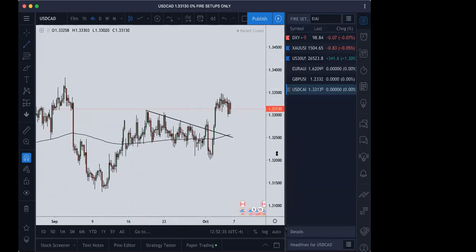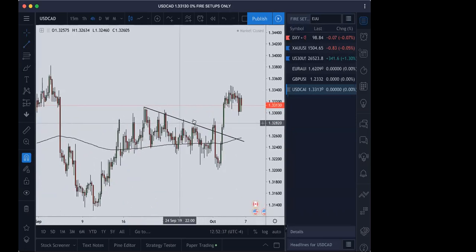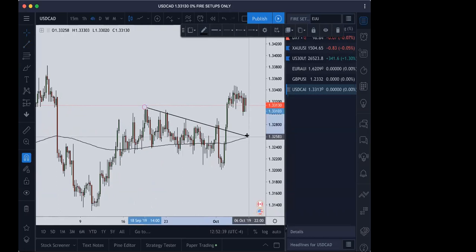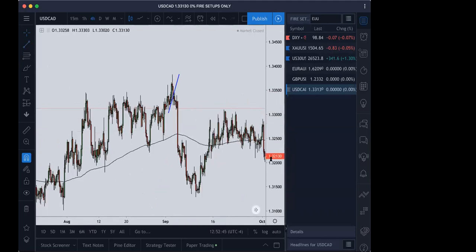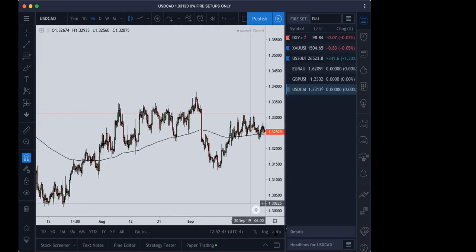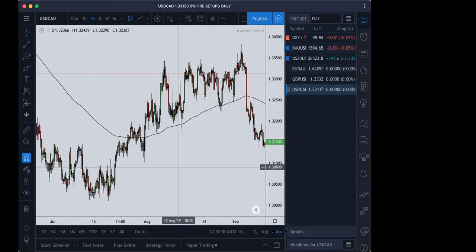Okay, first you cut the body on the second tap, so the second touch, so it's not good. Okay, let's go on the left side.